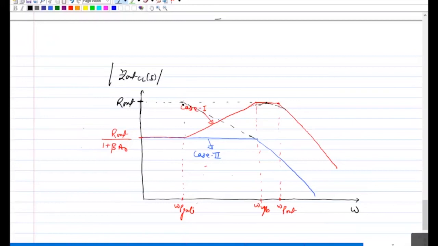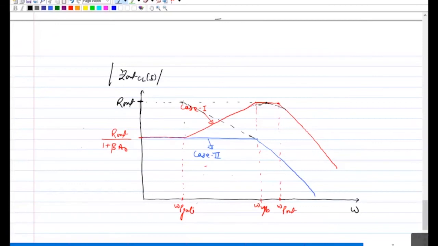And then at UGB, what will happen to R out? You have minus 20 dB per decade. So at UGB, how much separation will you get in R out? Think about open loop. Don't even consider the feedback.